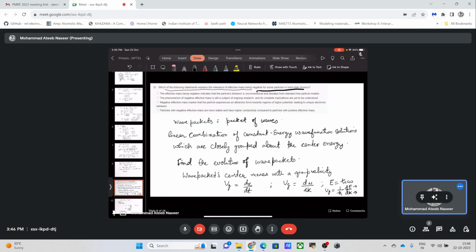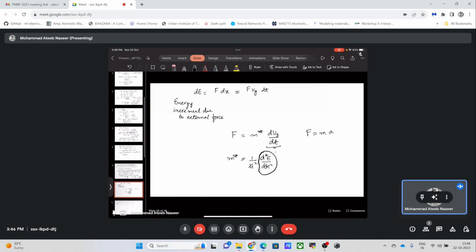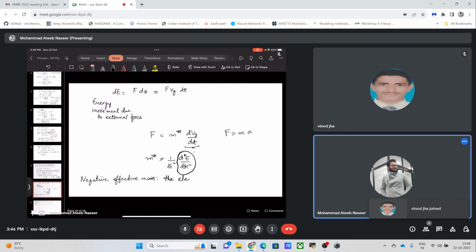Let me write this point: negative effective mass simply means that when we have applied some external force, the electrons will accelerate in the opposite direction.